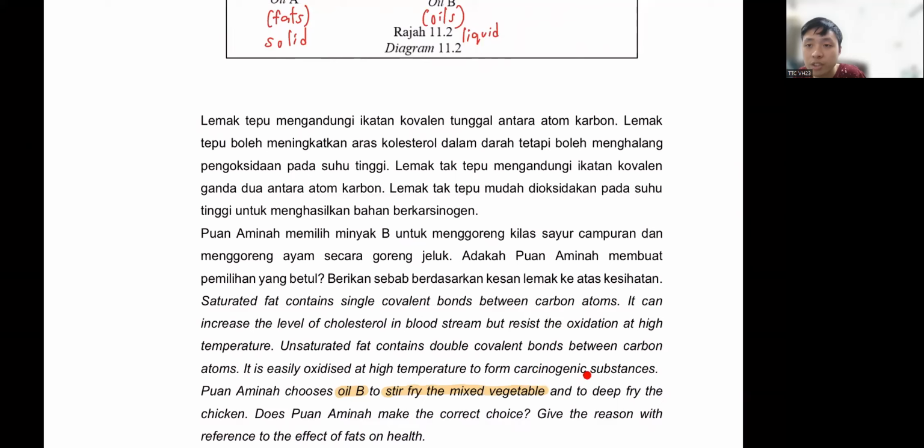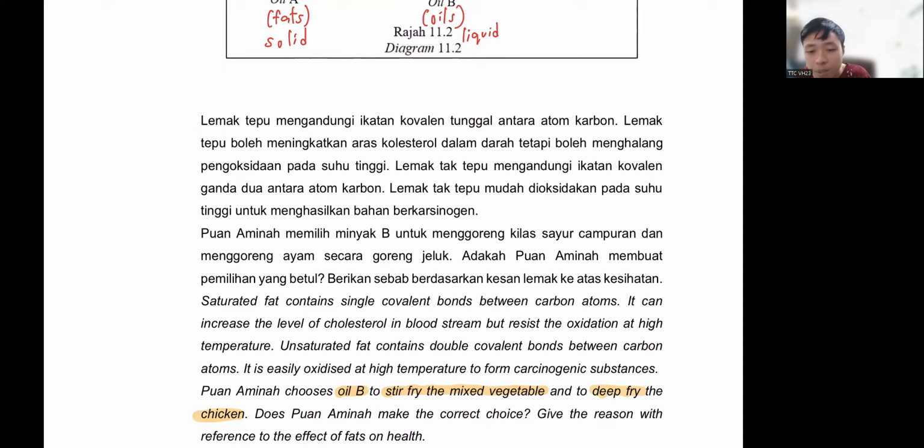Carcinogenic means the kind that causes cancer. So Fond Amina chooses this oil to stir fry mixed vegetables. Let's say they want to fry chicken or fry anything using this oil, and deep fry the chicken.